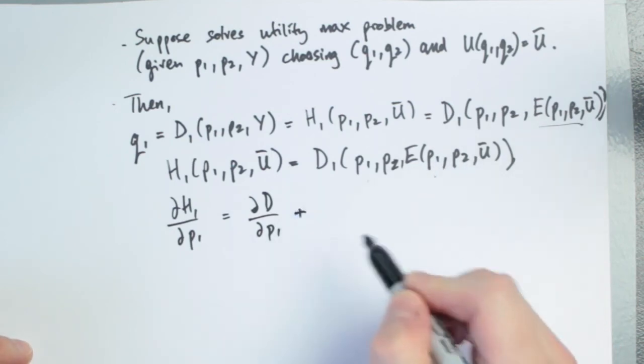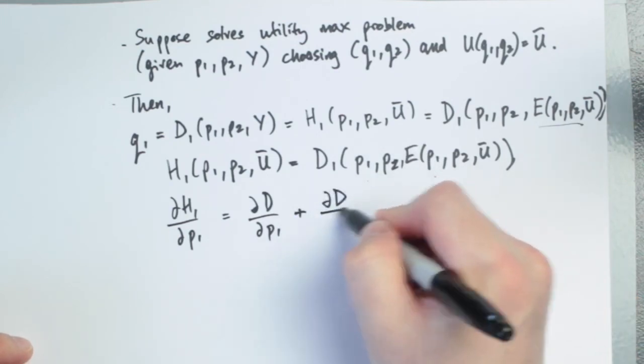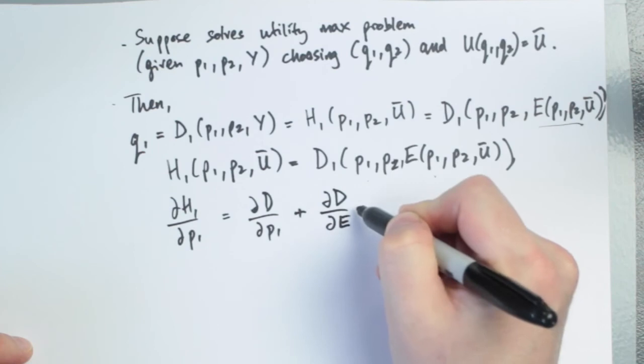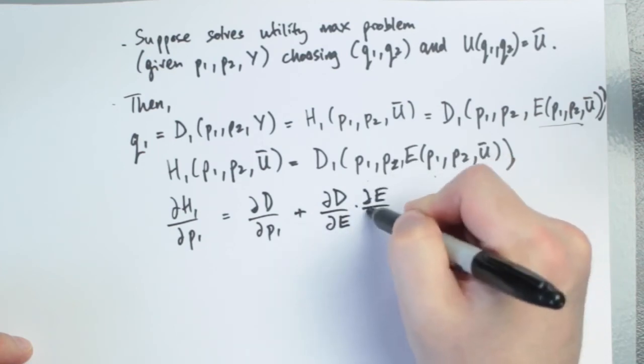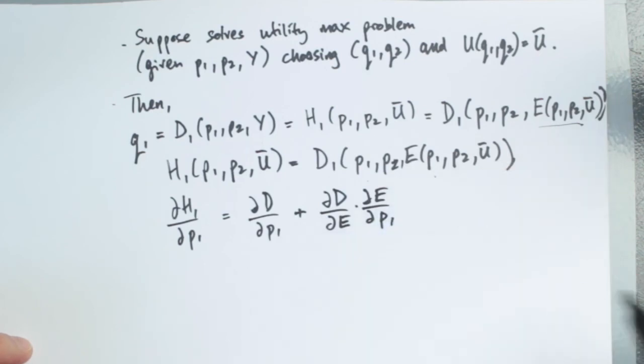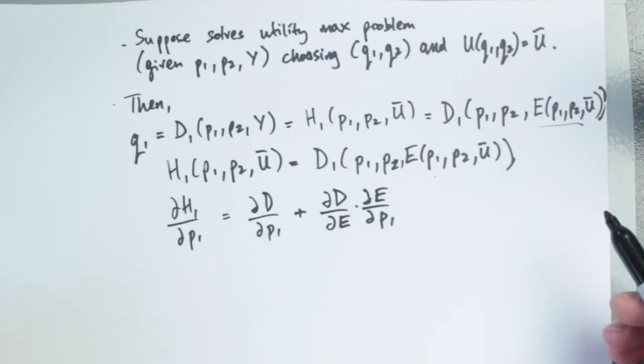So I'm going to partially differentiate demand with respect to expenditure, and then differentiate expenditure partially with respect to the price of good 1. Okay, so that's just taking the partial derivative of both sides with respect to P1.